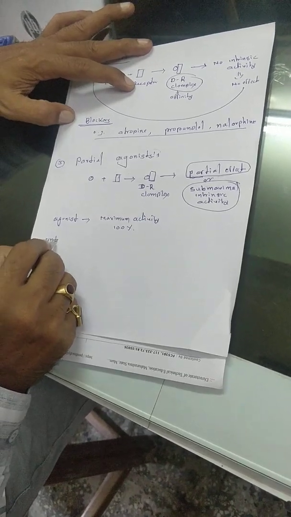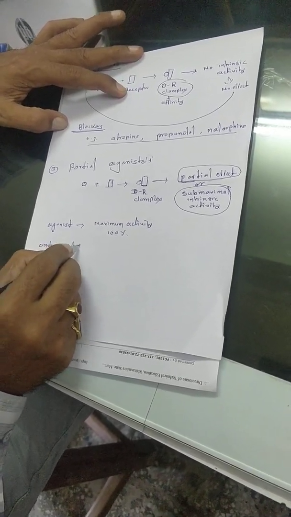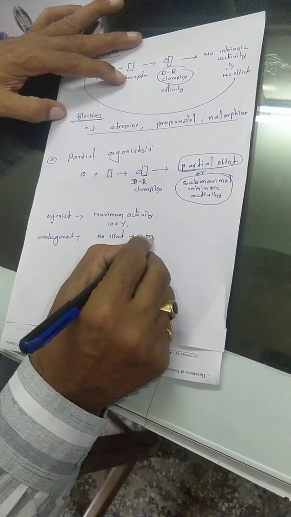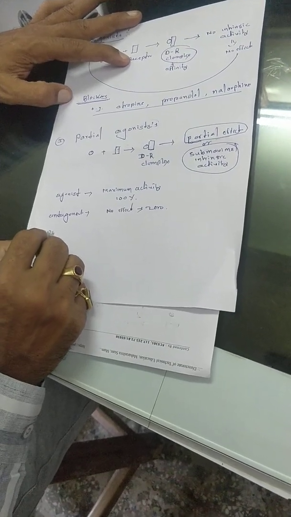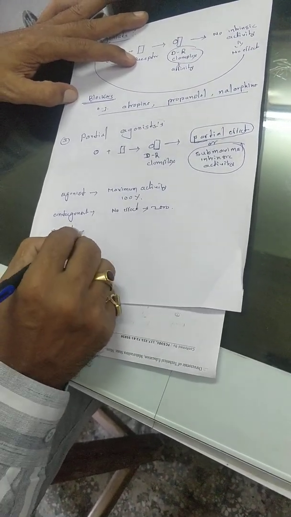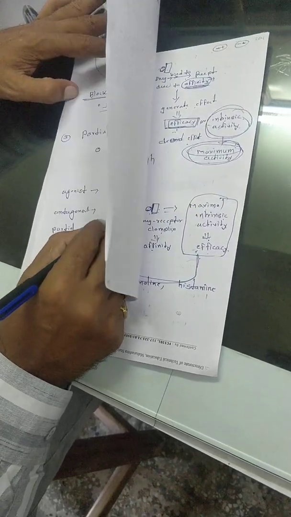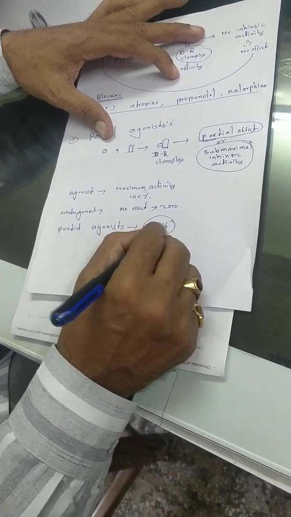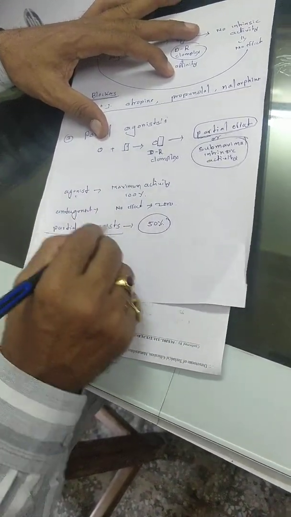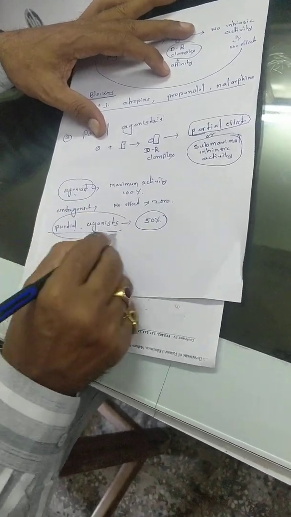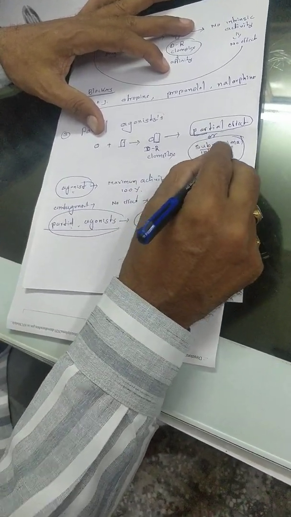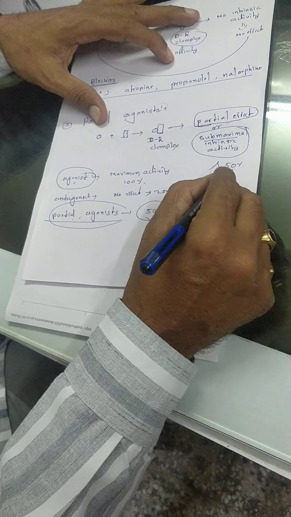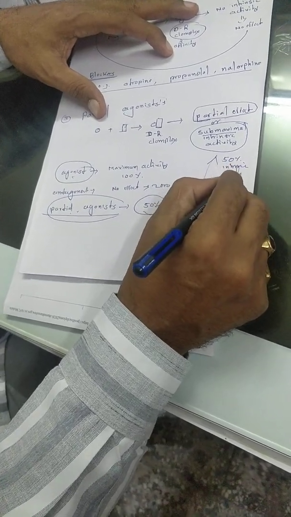The antagonist has no effect, you can see the 0. The partial agonist is 50%. As compared to the agonist, the partial agonist activity is sub-maximal, in the sense of less than the agonist, 50% intrinsic activity.